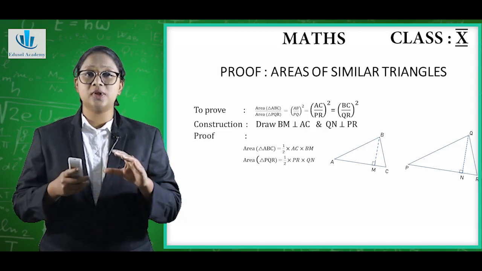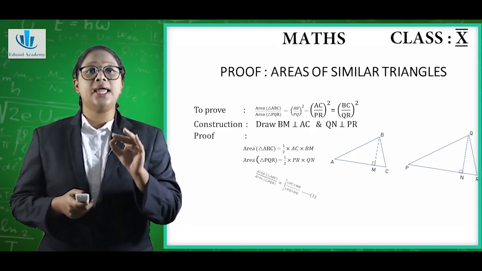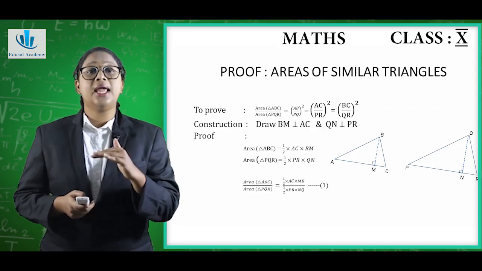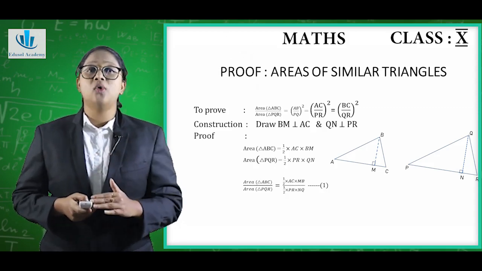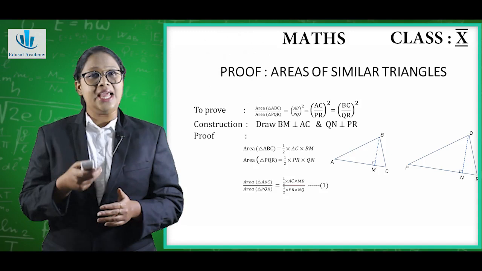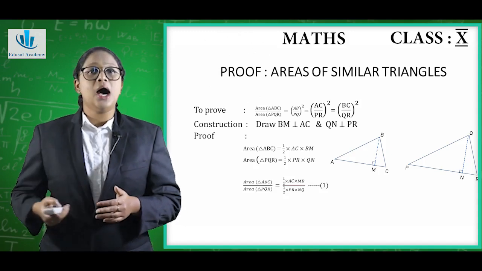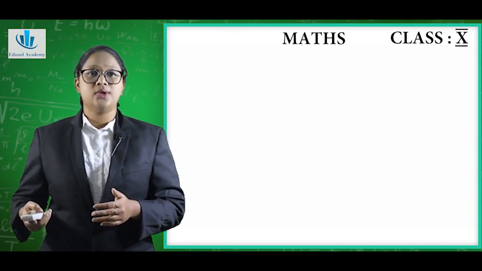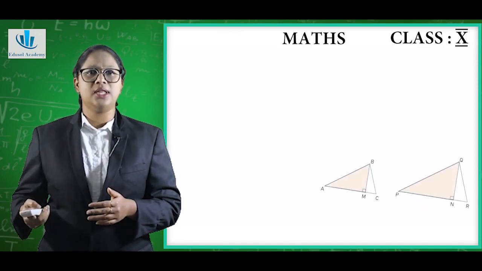So the equation will be area of triangle ABC over area of triangle PQR will be equal to half AC into MB by half PR into NQ. But we don't want the half or anything else.